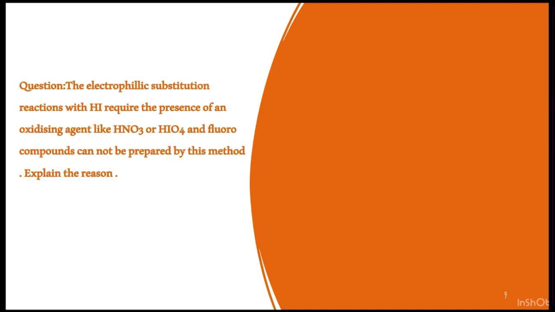Next is the electrophilic substitution reactions with iodine. They require the presence of an oxidizing agent like HNO3 or HIO4, and fluoro compounds cannot be prepared by this method, so we need to explain the reason. This electrophilic substitution is with respect to haloarene preparation.